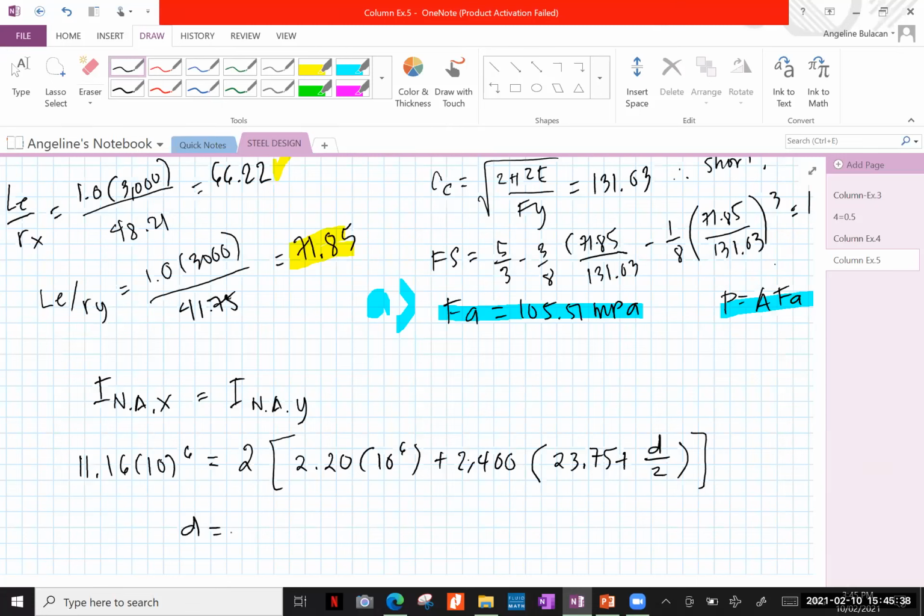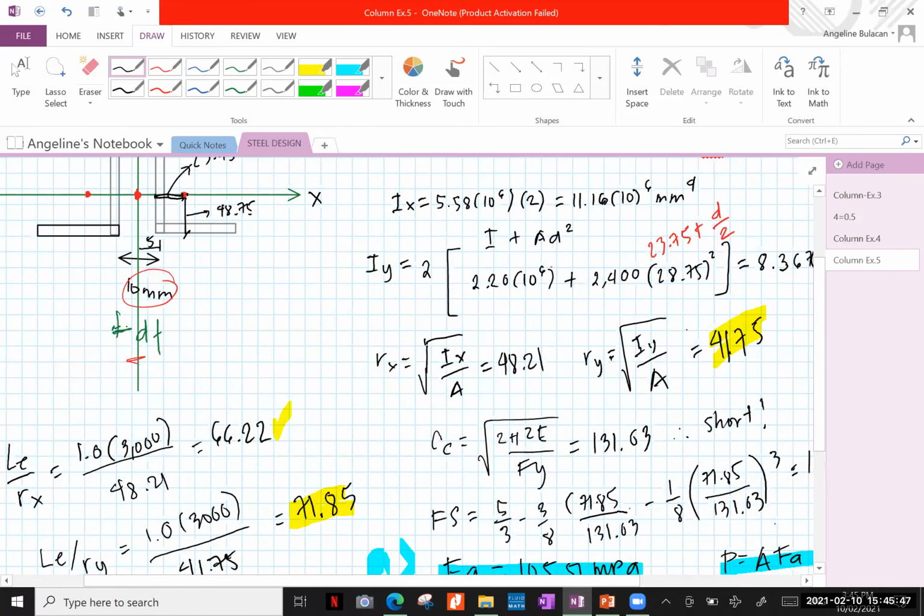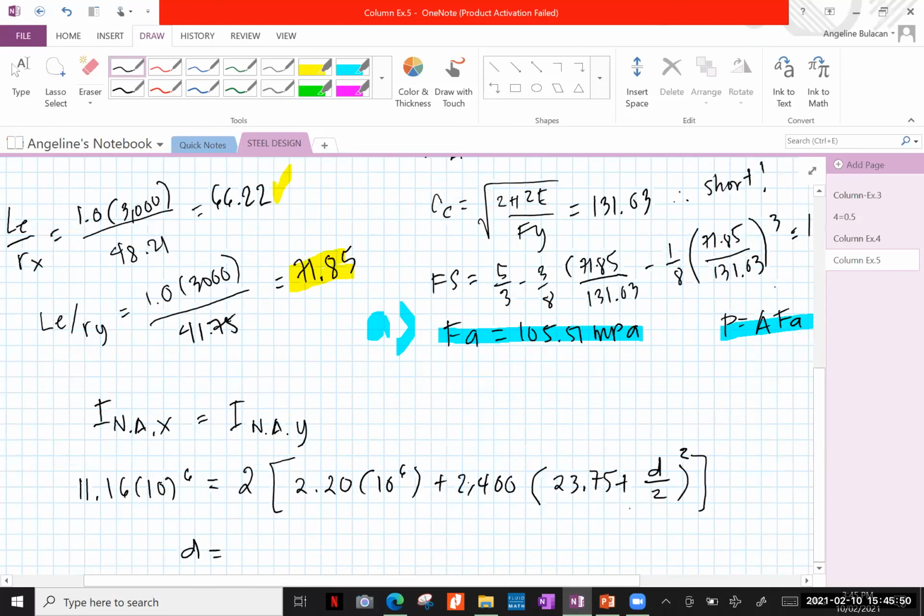Huwag kayong mag-round off. Kaya pala may mali. It should be squared, kasi naka-squared siya, yung D. Sabi na may something wrong. Sa value ko ulit: 11.16 times 10 raised to 6 divided by 2 minus 2.2 times 10 raised to 6 divided by 2, 4, times 2, square root.